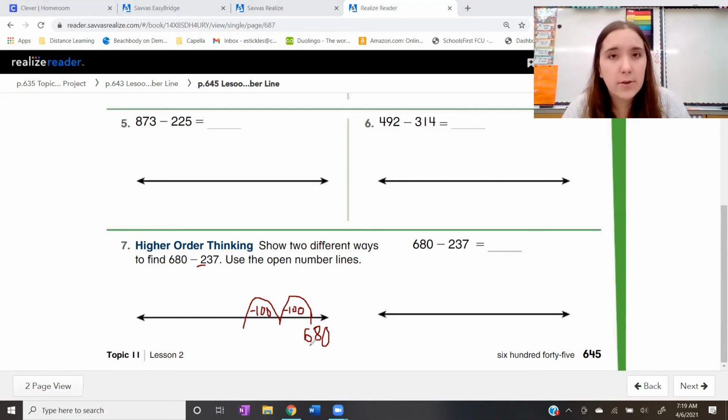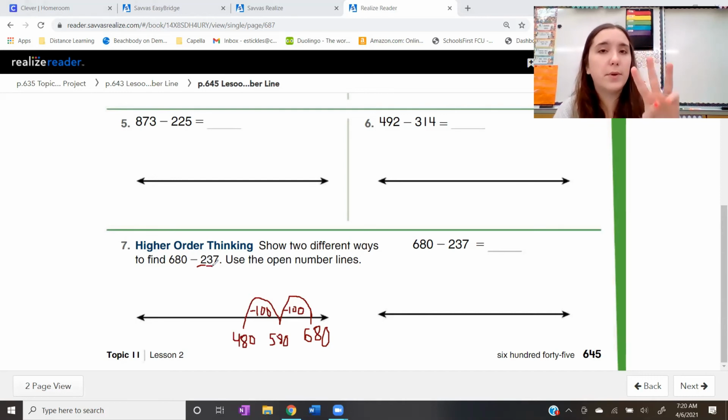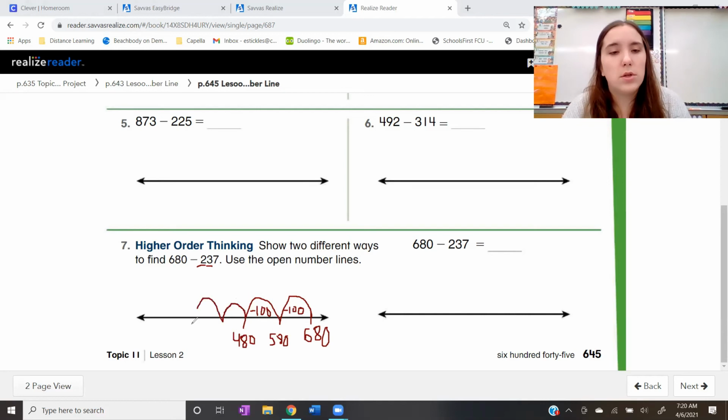I had 680. Now I had 600s and I took away 1, so that would be 500s and my 80 still. And then I'm going to take away another 100, so I had 500s minus 1 would be 480. Now in 237, I have 3 10s, so I need to do 3 jumps of 10. So 1, 2, 3.